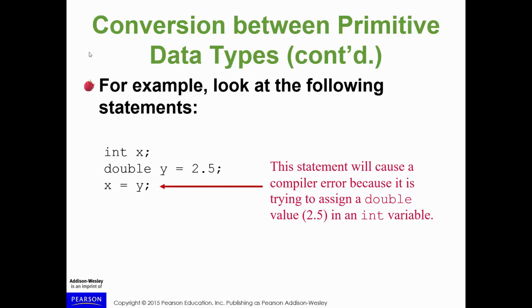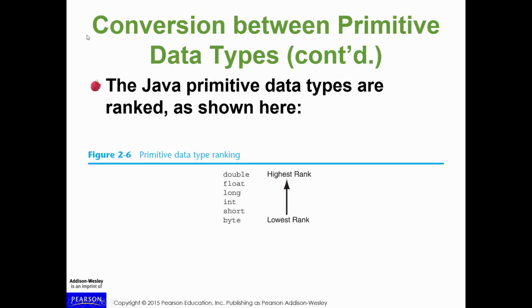Well, notice right here, int x, double y equals 2.5, x equals y. That's going to give you an error because you're trying to assign a double to an int. You can't do that. Although if you reversed it, you could do it. You can assign an int to a double, but you can't assign a double to an int. So, excuse me, they show the ranking here.